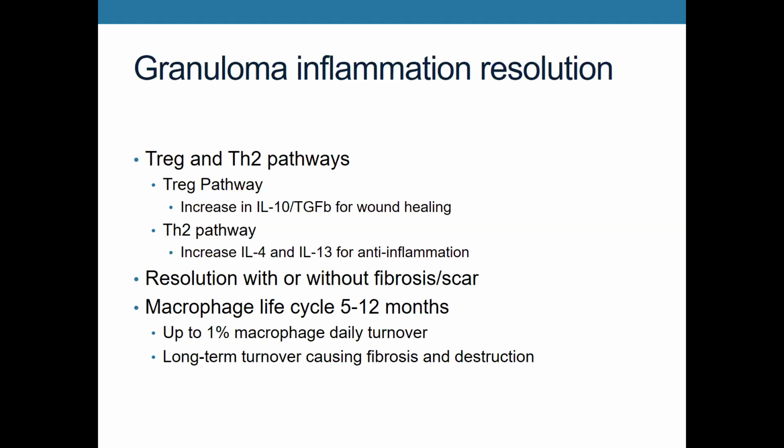IL-10 is usually expressed to decrease the amount of Th1 and Th17 and increase the amount of T regulatory cells and Th2 cells. In terms of the T regulatory cells and T regulatory pathways compared to Th1, it promotes overall decrease in inflammation by decreasing inflammatory cytokines. It also downregulates that Th1 pathway.